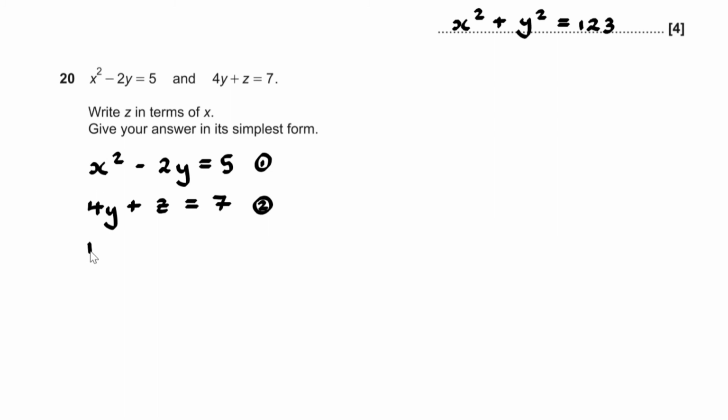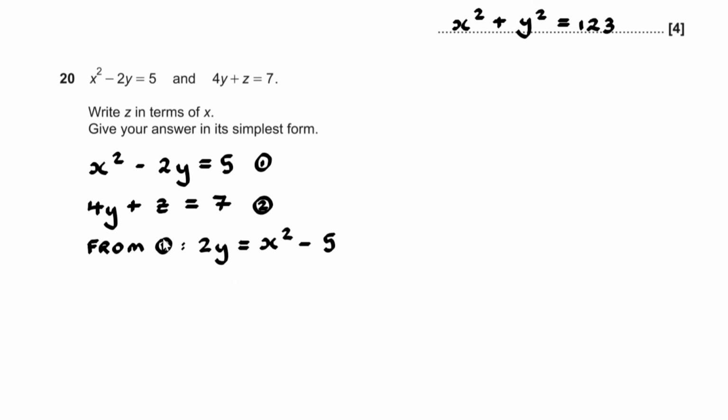Now from equation 1, we can rearrange for 2y. 2y is equal to, well, if I add 2y to both sides and then subtract 5, what we have is 2y equaling x squared subtract 5.